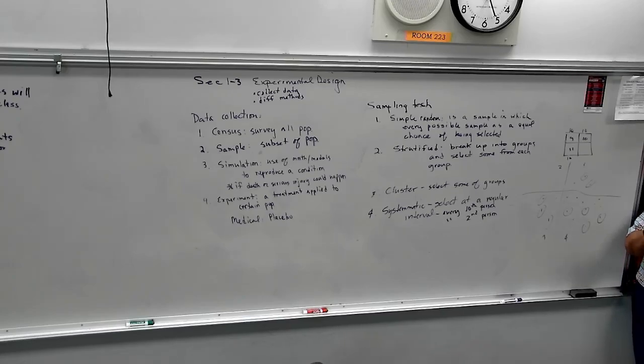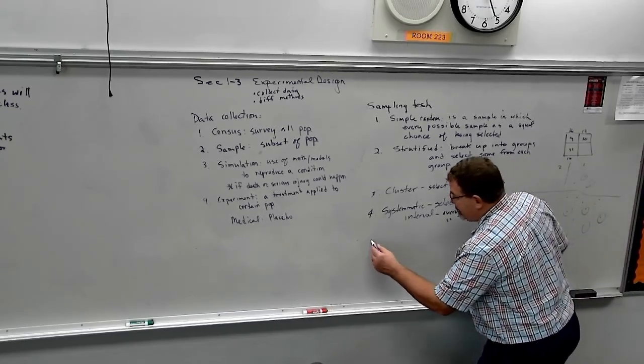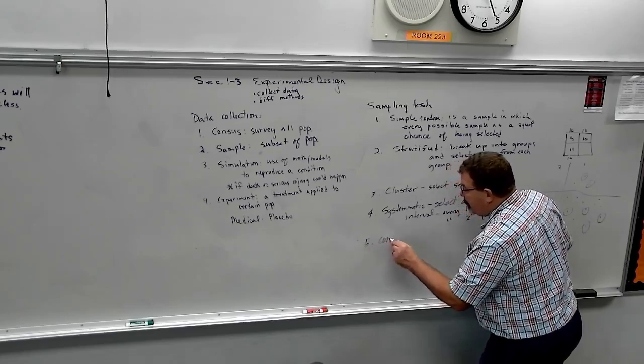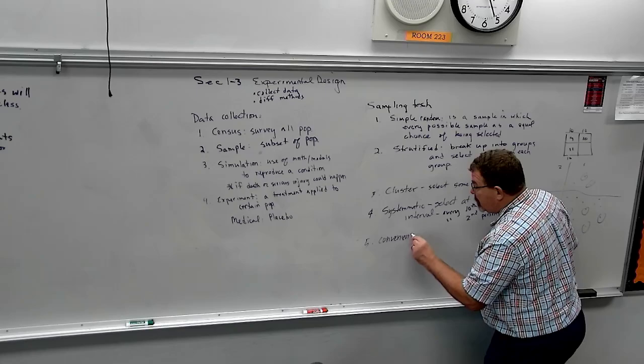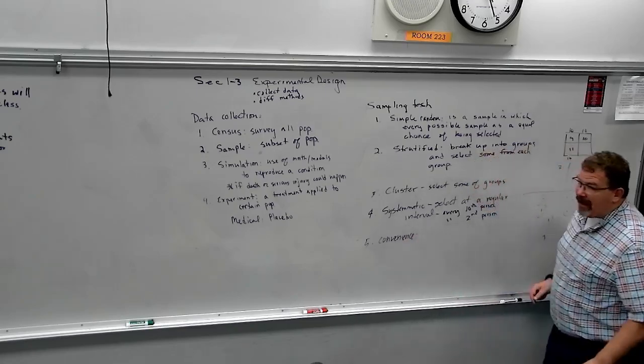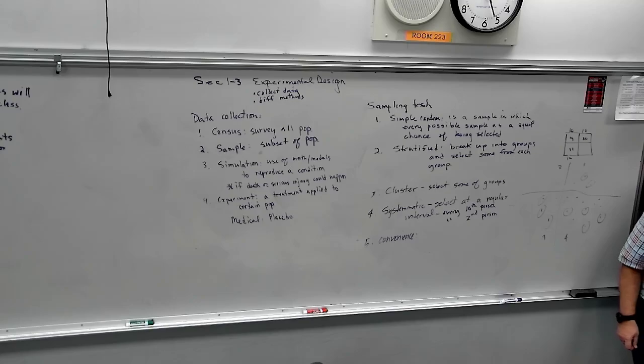You don't just willy-nilly pick 10. There's a reason why you pick things, because what you're doing is eliminating bias. And if you're just saying, well, I just picked the first 10, that's the last one, which is convenience. If you do convenience, when it comes to your project, I don't even look at it.